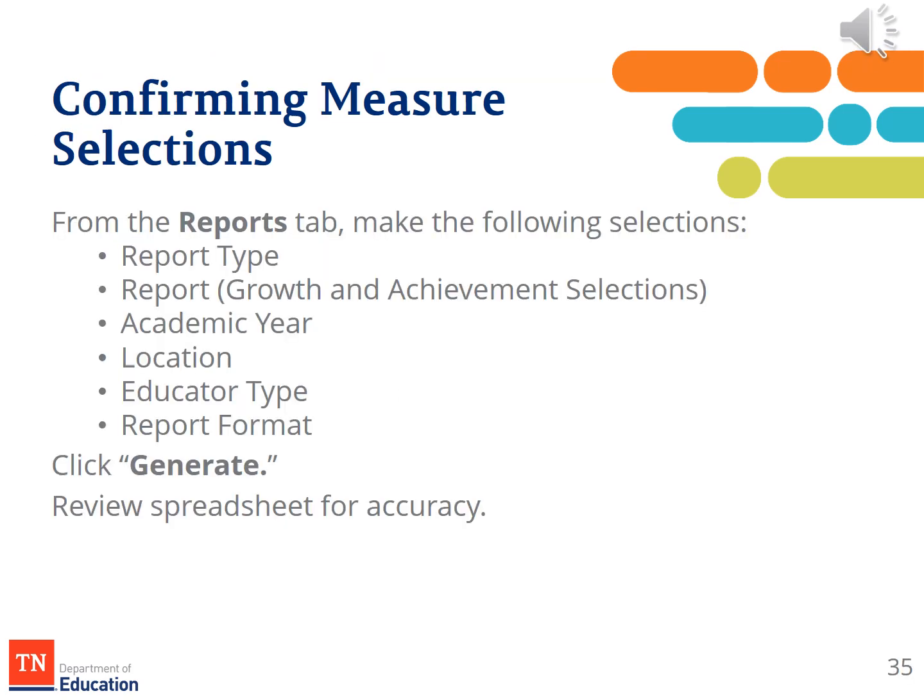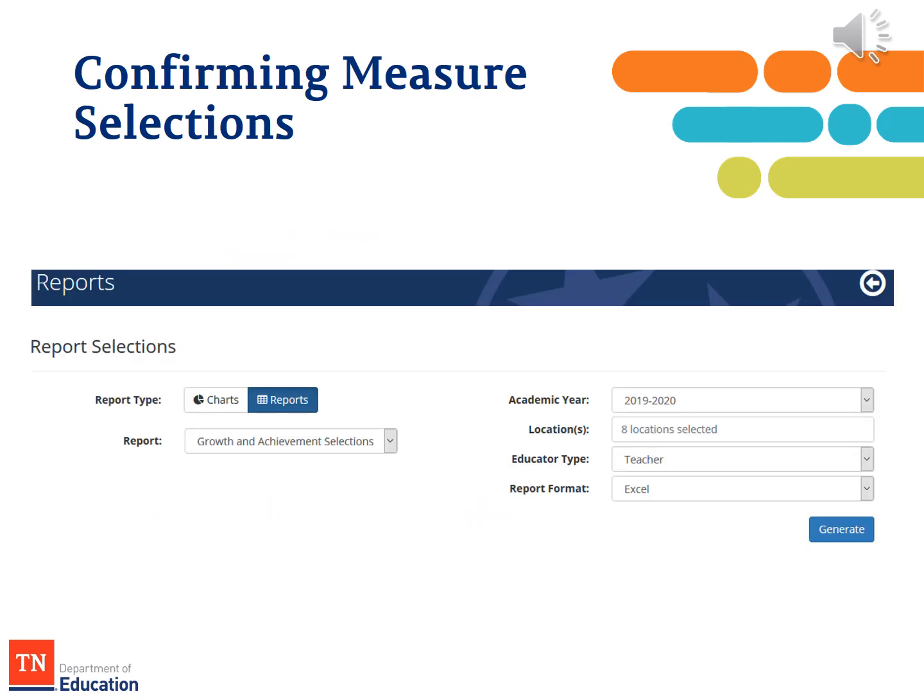To confirm all measure selections have been correctly imported, run the Growth and Achievement Selections report in T-Encompass. Once this report generates, check to ensure all educators have both a growth and achievement measure selection and that all achievement measures are appropriately scaled.